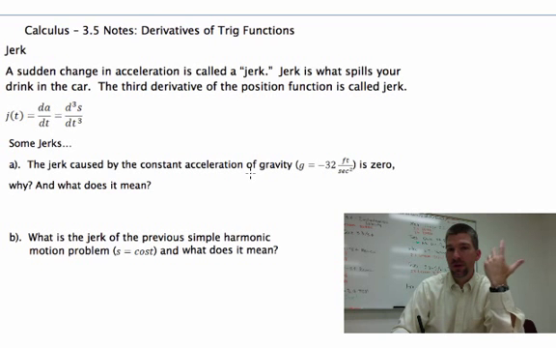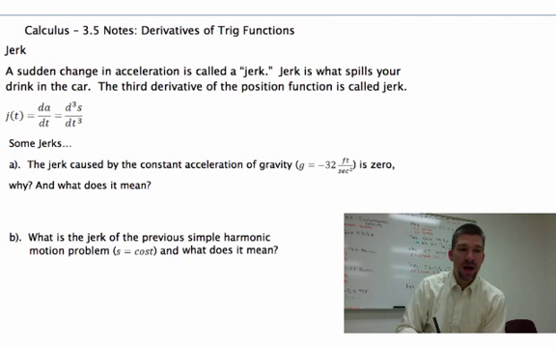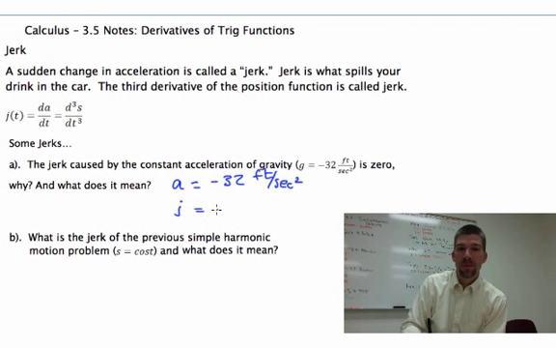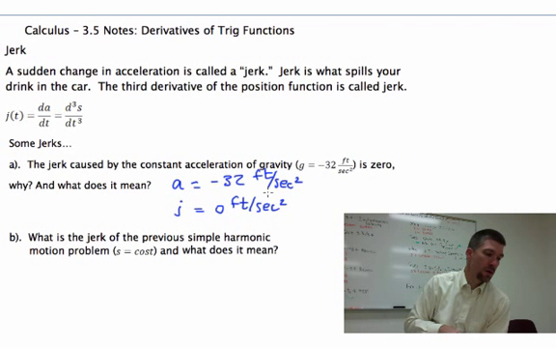What about if we took the derivative of that? Now remember, that is acceleration. So if I take this acceleration function right here of -32 feet per second squared, and I look at the derivative of that, I get 0 feet per second squared.